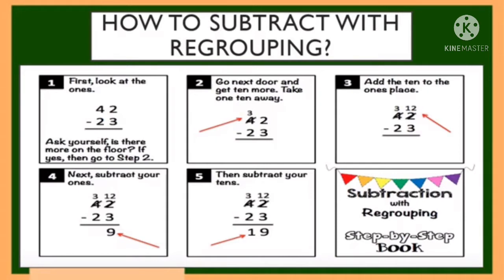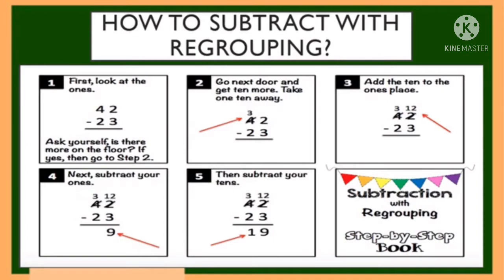If you identify that the first number on the upper part is less than the number on the lower part, then you need to go next door and get 10 more.